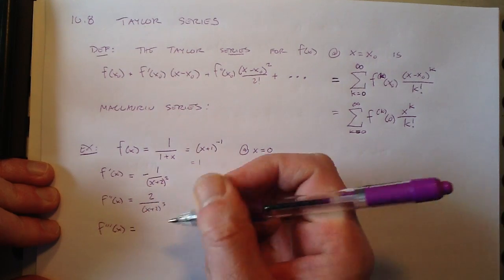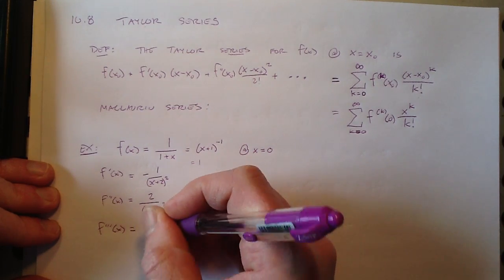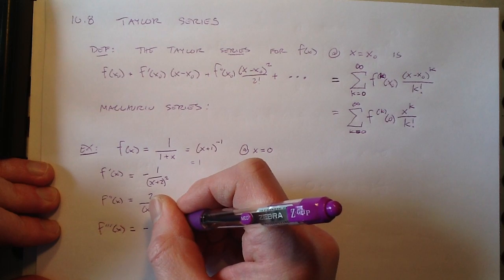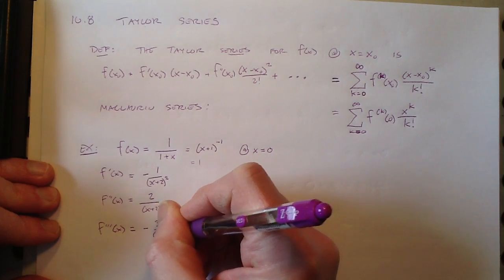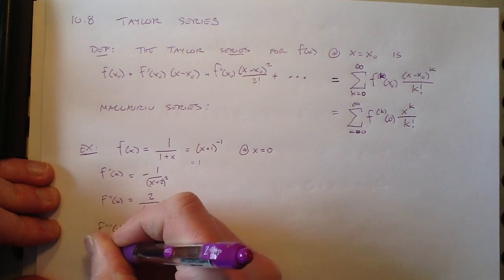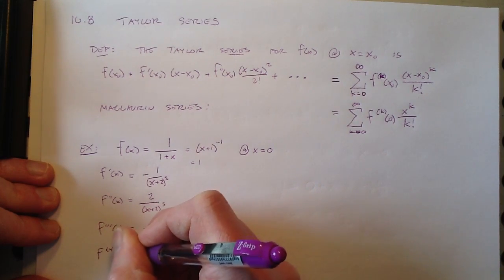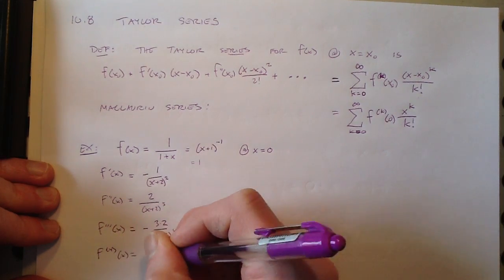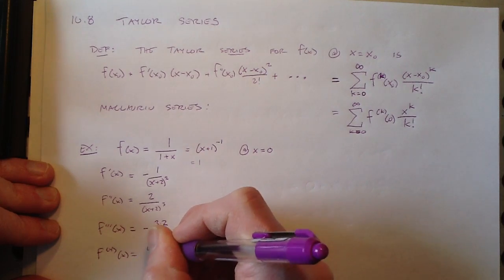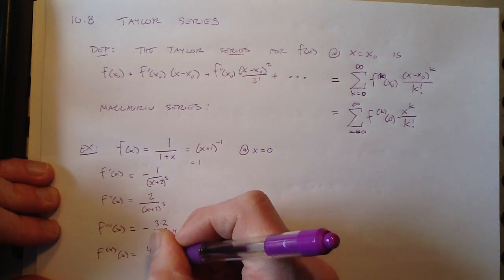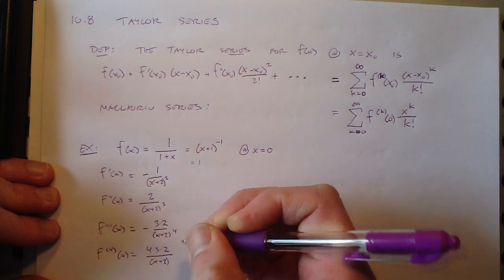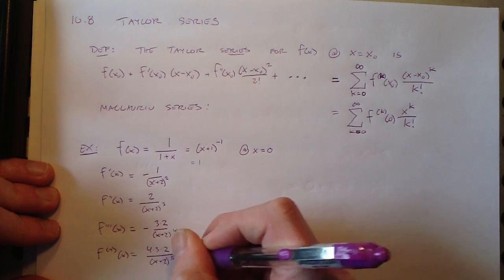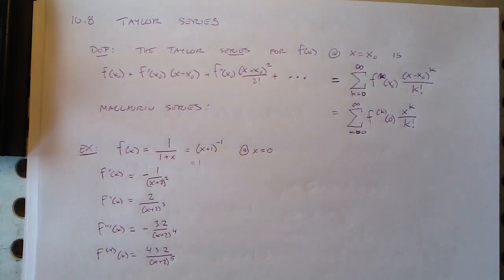And this is going to be negative 3 times 2 over x plus 1 to the fourth, and the fourth derivative would be equal to positive 4 times 3 times 2. You can try taking these derivatives yourself if you want to do more work, but this is what's happening.